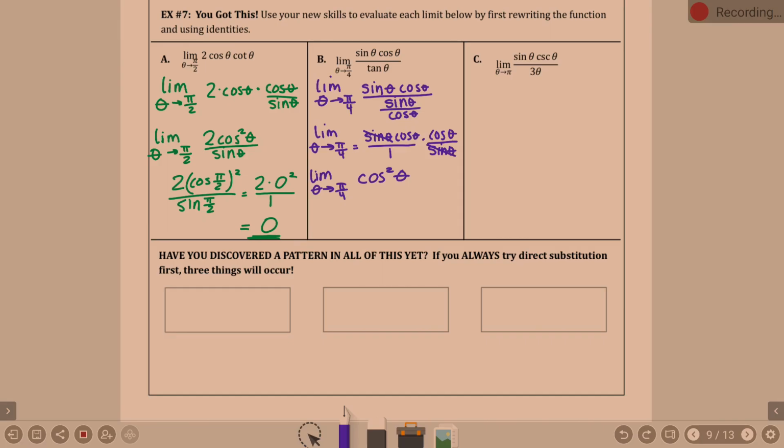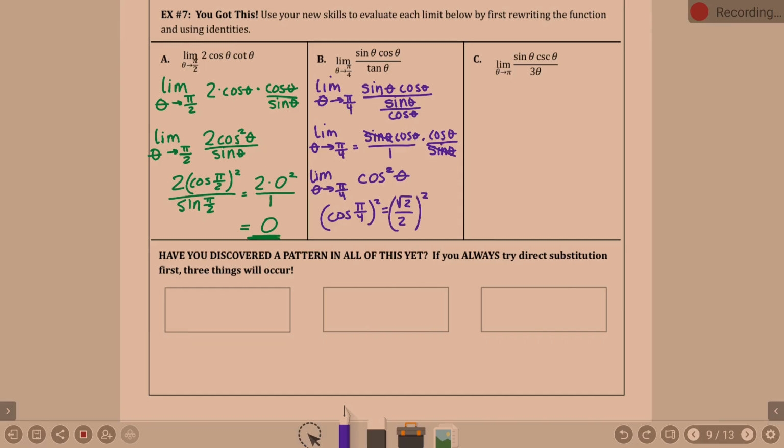So cosine of pi over 4 quantity squared. What's the cosine of pi over 4? It's going to be 1 over square root of 2. Which I like to use as, well, that might actually be better in this case, wouldn't it? Because you're just squaring it. So yeah, it's going to just be 1/2. I was going to say square root of 2 over 2 squared.